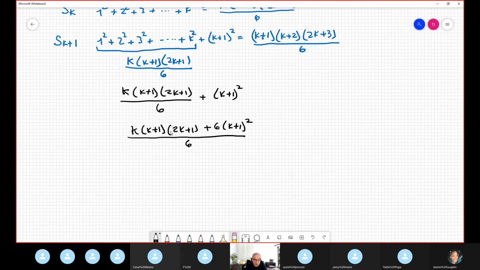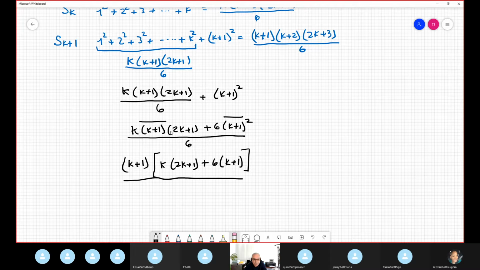There are many ways to continue, however I can see that k plus 1 is a great common factor. I factor out k plus 1. Look here, one time, and here two times. In the bracket we have k times (2k plus 1), and we have 6 times (k plus 1), only one time, divided by 6.